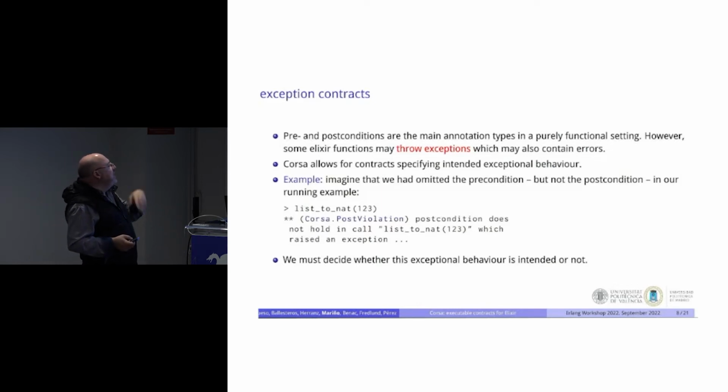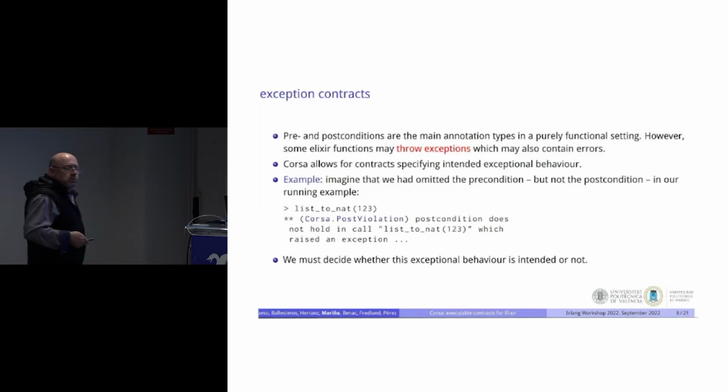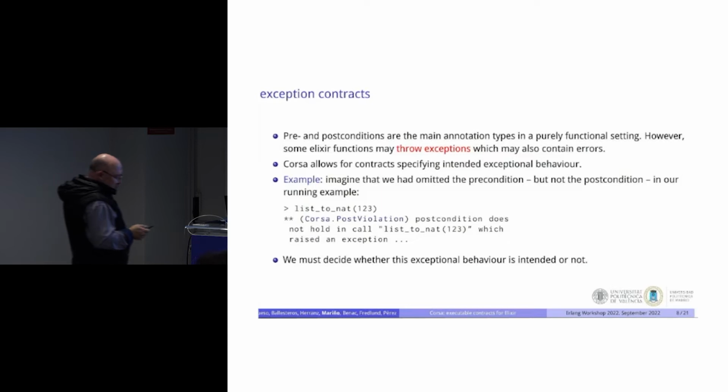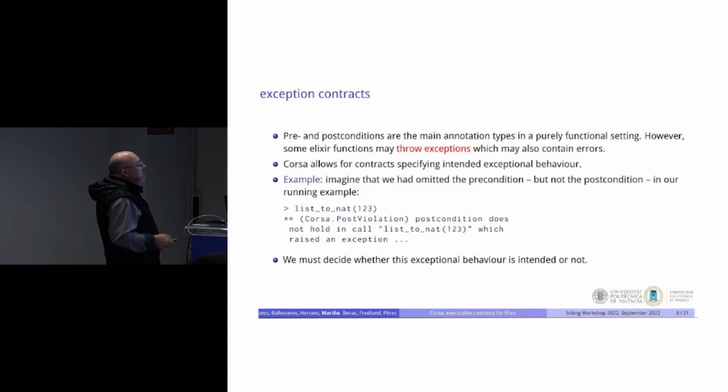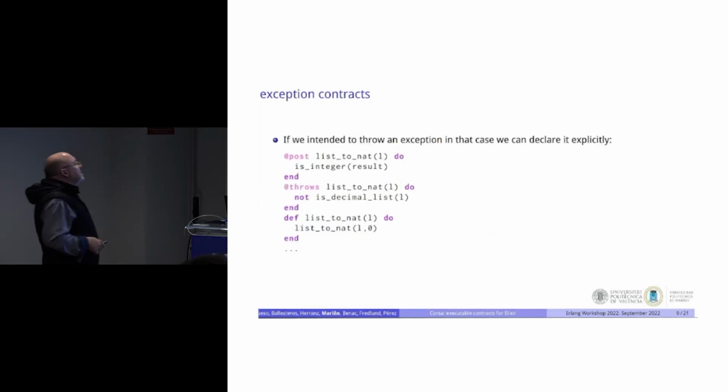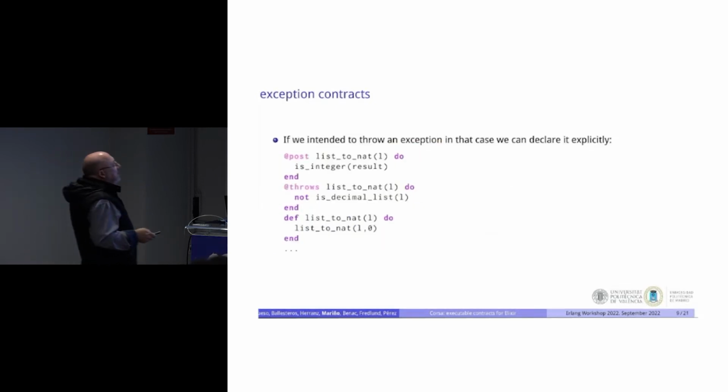Because if we erase it and we pass a number rather than a list to the function, we obtain a postcondition violation, which is not very informative, because here the problem is that the input is wrong. So one thing that we can do in this case, if we want to introduce the precondition, is to specify that if this condition is not met, we expect listener to throw an exception.